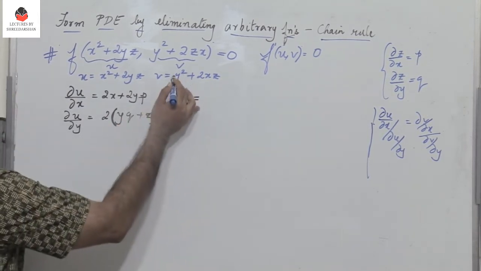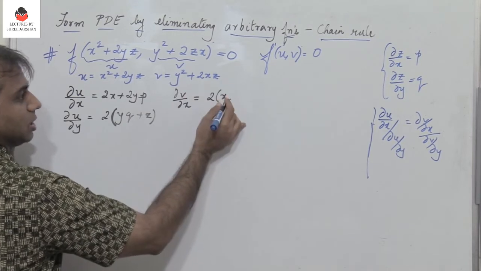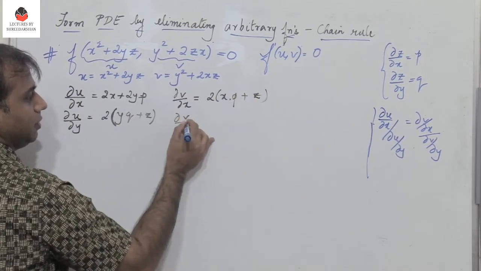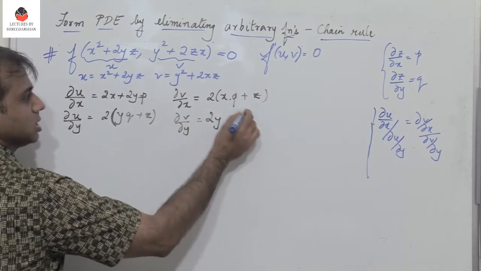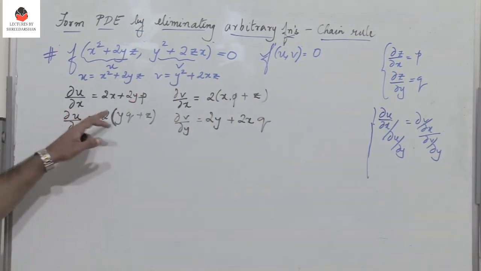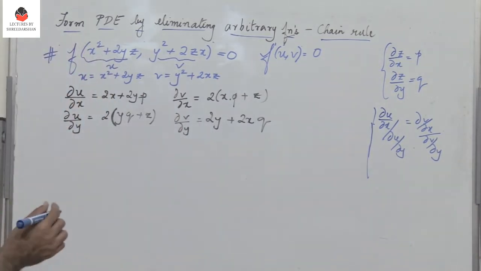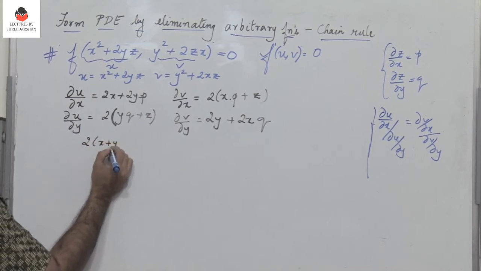Next, what is del v by del x? So it's equal to, of course, this is 0. You have 2 into x into del z by del x is p plus z. And what is del v by del y? It is 2y plus 2x del z by del y, which is q. So again perform del u by del x divided by del u by del y, and so on. So you have 2 into x plus yp.